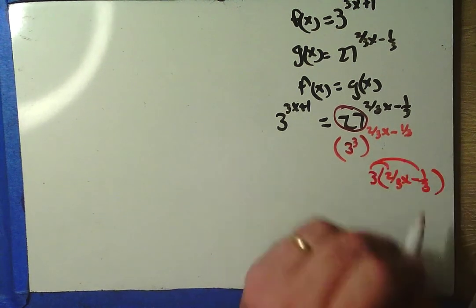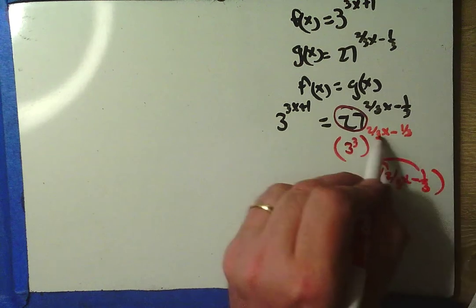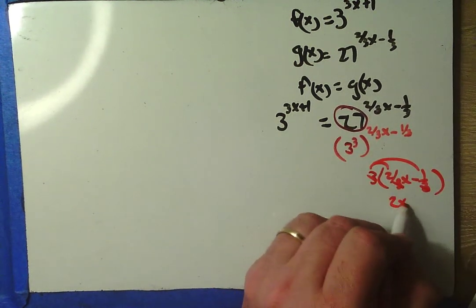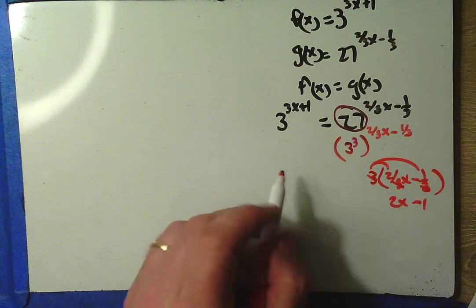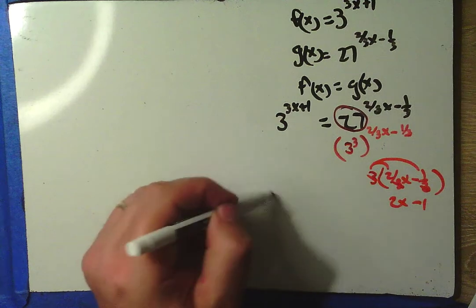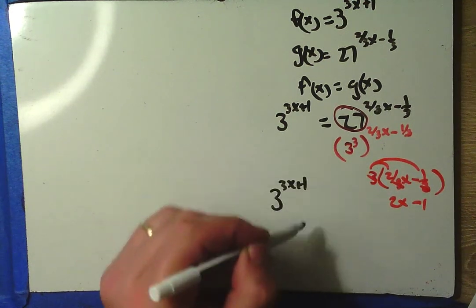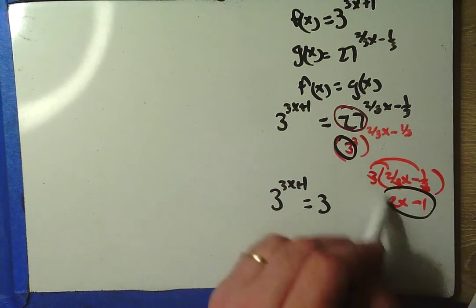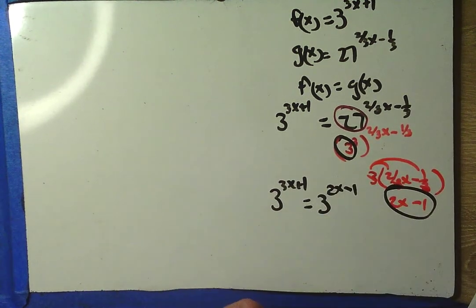When I distribute that 3, these 3's cancel, and I'm left with 2x minus 1. So on the left-hand side, I have 3 to the 3x plus 1. On the right-hand side, I still have a base of 3, but my power is 2x minus 1.